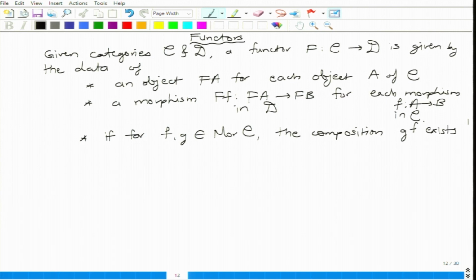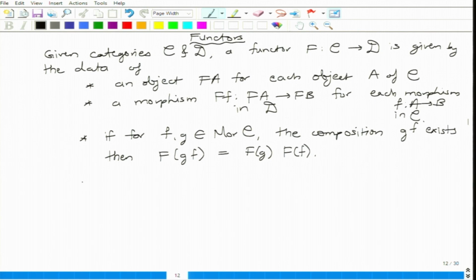I will just write juxtaposition for composition. Then what is the image of gf? That just has to be the composition of the images. So basically the composition has to exist, which will automatically be true by the second condition, and this holds.